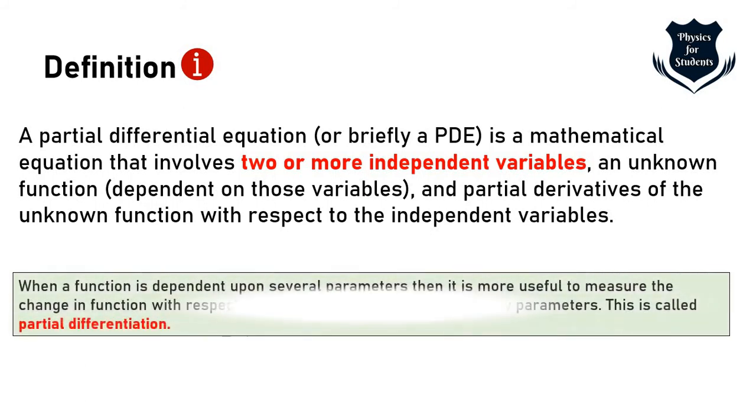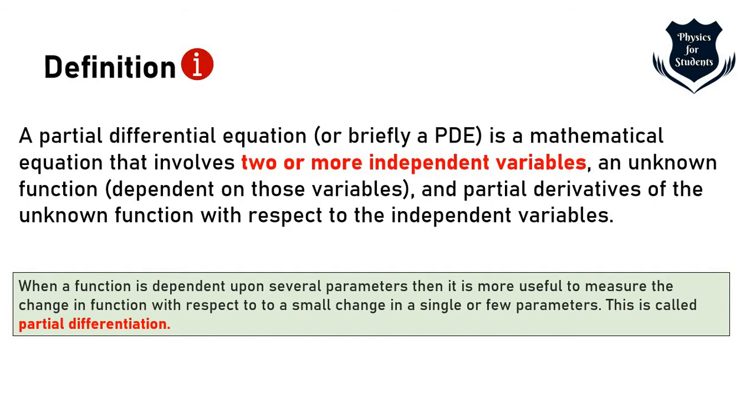So here is another one which says that we sometimes come across quantities and functions which are dependent on several parameters. Then it is more useful to use the change in function with respect to a small change in a single or few parameters. This is called partial differentiation.